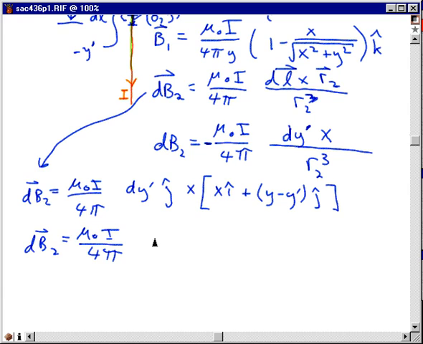So j crossed into i is minus k. And I'll have the dy prime and the x there. So I get a minus dy prime x. And then all this stuff, I think I put in the cross product, but I never put in the R2 cubed. There it is, and I still have an R2 cubed over here. And I did say that j crossed into i was the minus k.